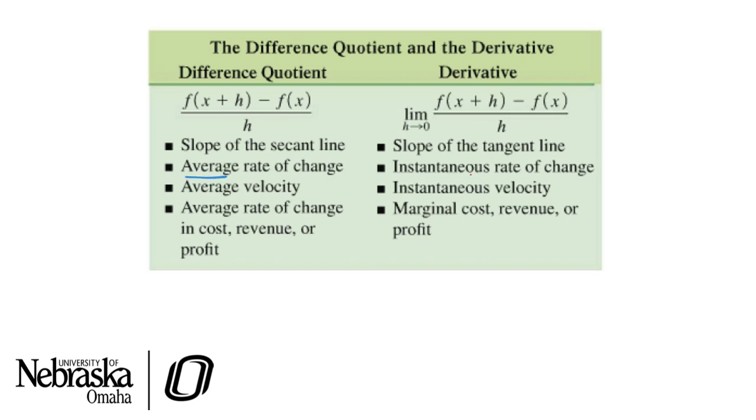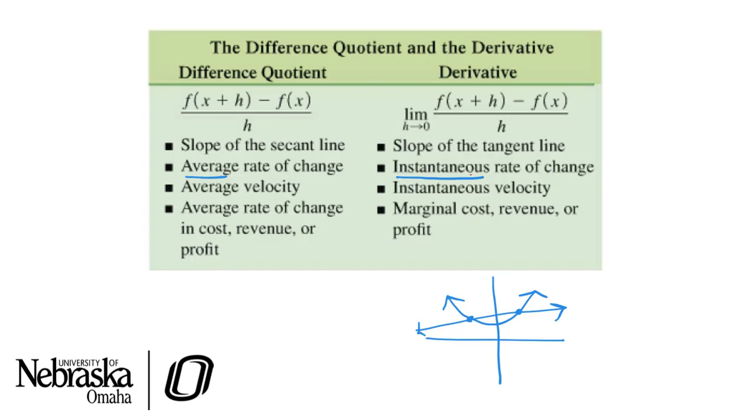The left chart is the average rate of change, and the right chart is the instantaneous rate of change. The left chart is the slope of a secant line. If you remember a secant line, let's draw something real quick. A secant line is where we pick 2 points and this line goes through them, right?